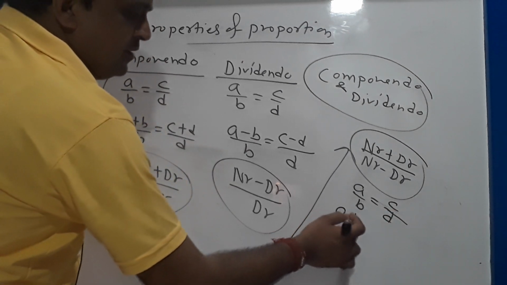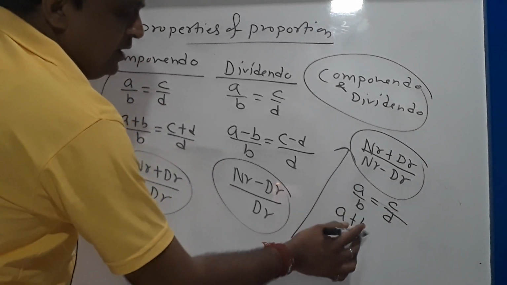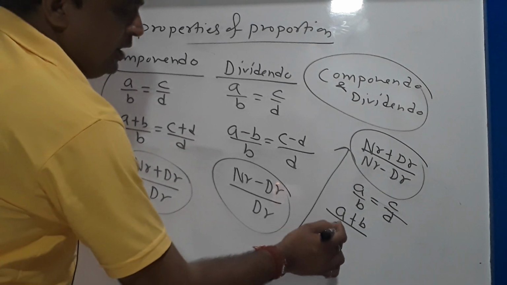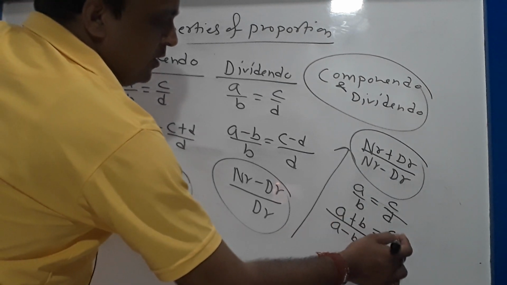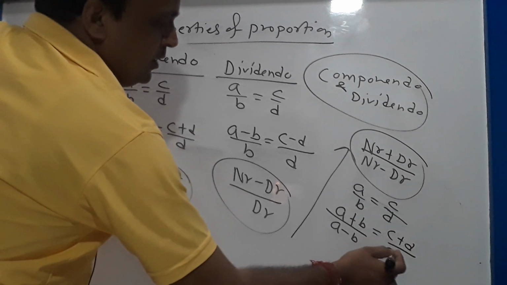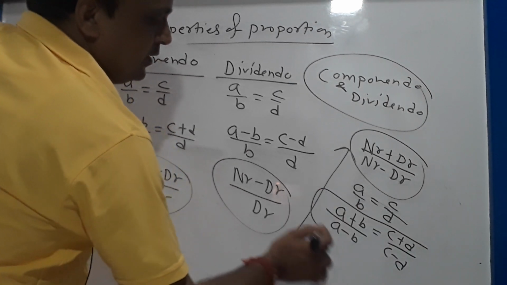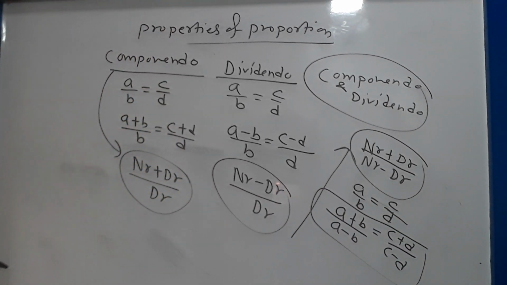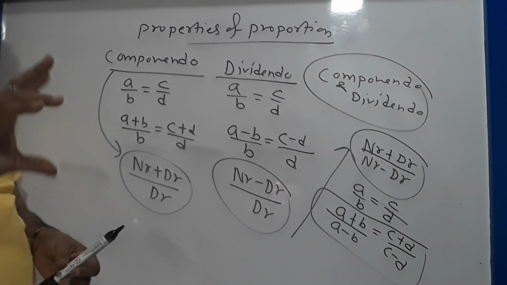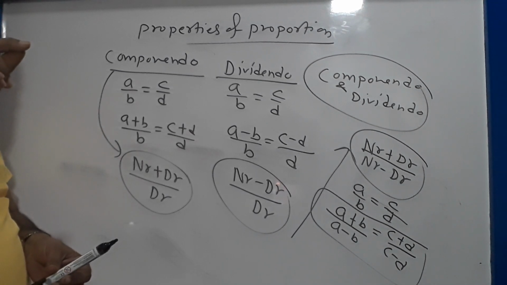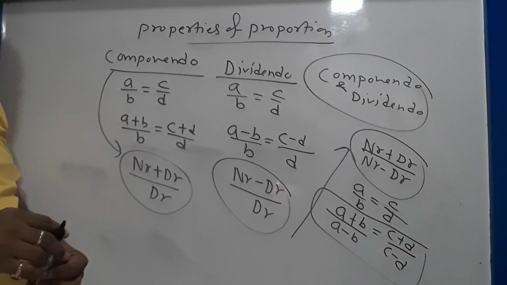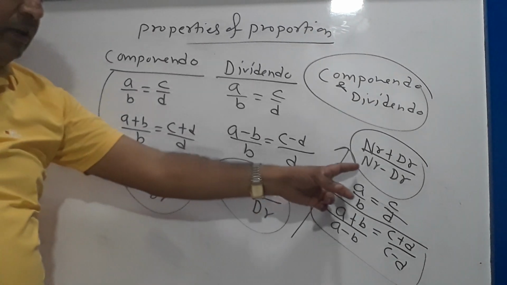(A plus B) upon (A minus B) is equal to (C plus D) upon (C minus D), that is, numerator plus denominator upon numerator minus denominator. It is not denominator minus numerator. It is numerator minus denominator.